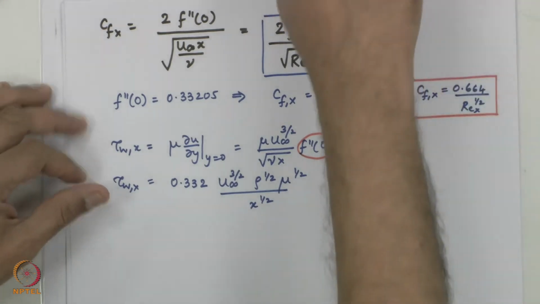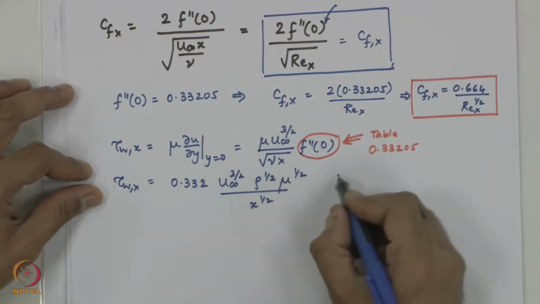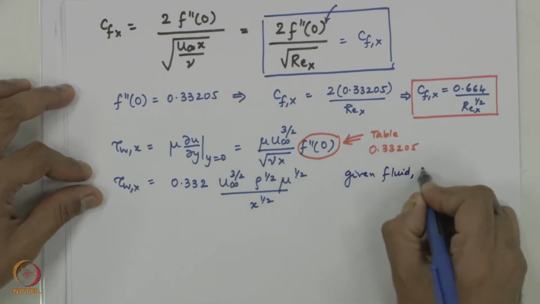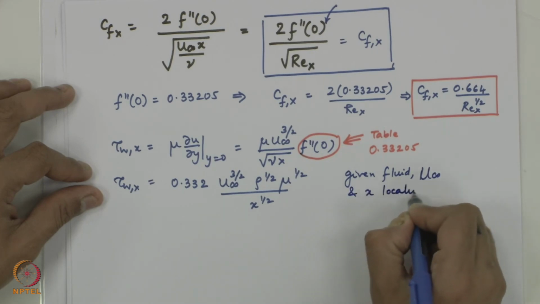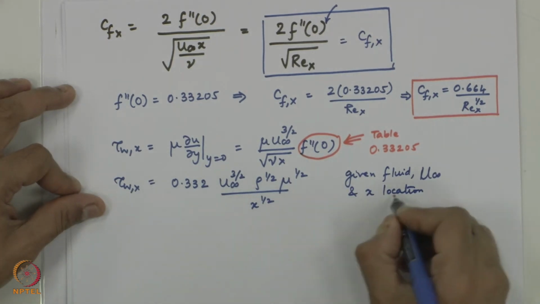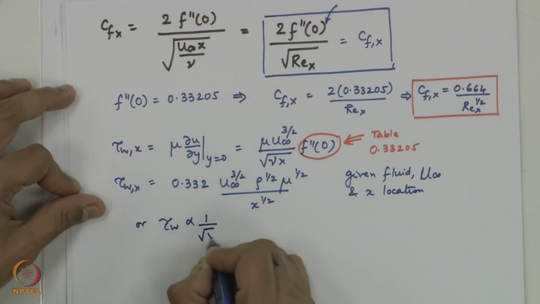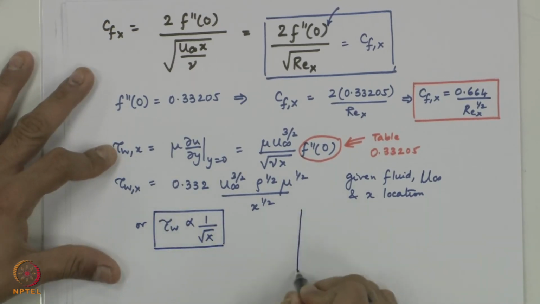Therefore, given fluid, free stream velocity u infinity and x location, tau wall can be calculated. Tau wall is proportional to 1 by root x, x to the power minus half, and we told this before.